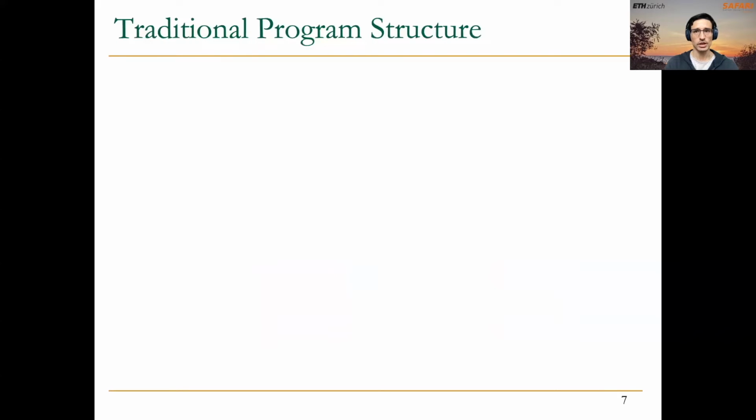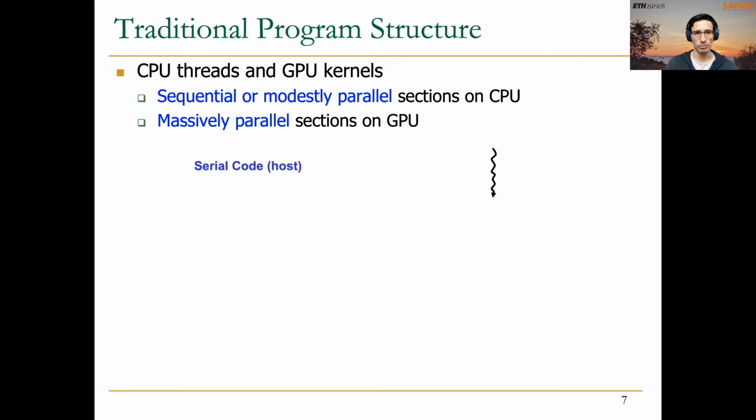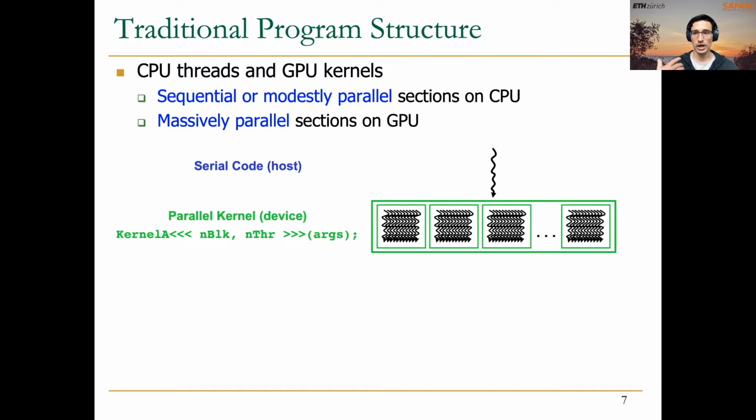The typical way to distribute computation in this program structure is to use CPU threads and GPU kernels. We will use CPU threads to execute sequential or modestly parallel sections of the code that will run on the CPU, and massively parallel sections of the code will run on the GPU. This way, we will typically have one or only a few threads executing serial code, and when we reach those sections of the code that are massively parallel, we will launch a GPU kernel to be executed on the GPU.